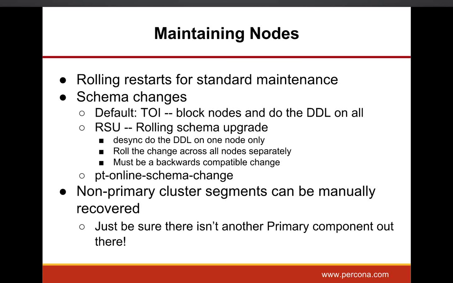It's still part of the cluster technically, but replication is just queuing up, and it doesn't issue flow control. So that happens while the DDL runs, while the replication is blocked by the DDL. Once the DDL is finished, it tries to catch up with the replication, and once it's all caught up, it resynchronizes. So in that situation, you would do the change on one, and then do it on the next one and roll all the way around the cluster one at a time.